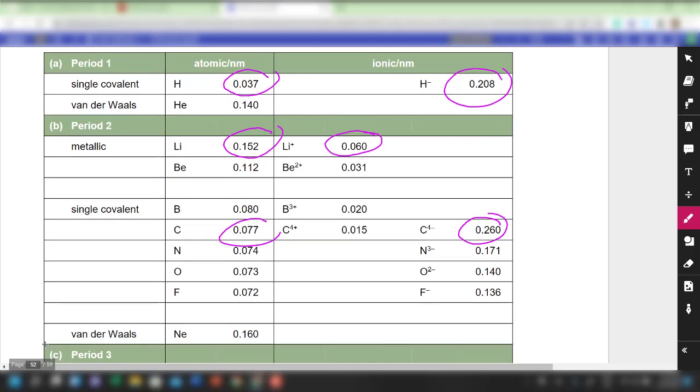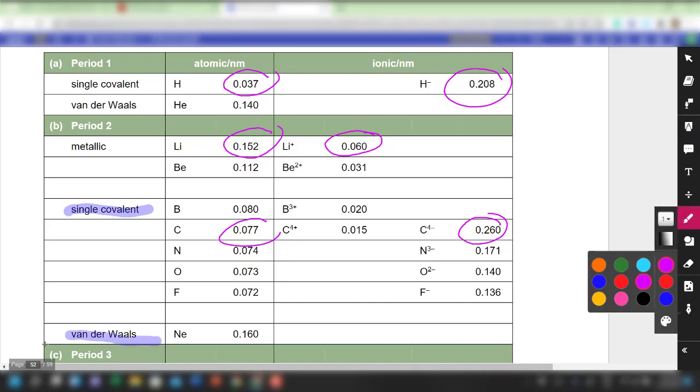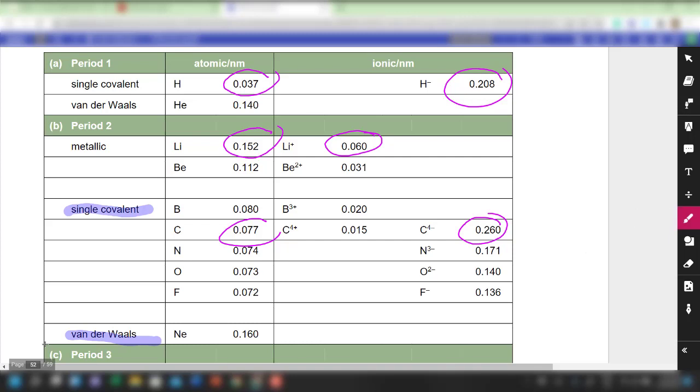Also do take note of the difference between the single covalent radii and the van der Waals radii. I think first it's easier to explain what exactly a covalent radius is, and you will get to listen to it in more detail under the topic on chemical bonding.